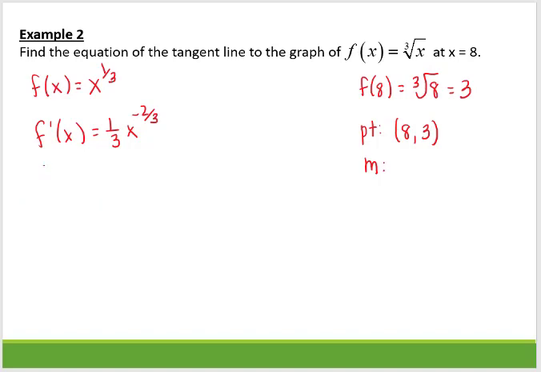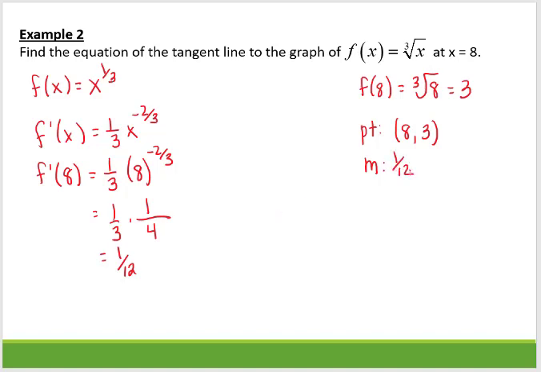So then, now, I find f prime of 8. Now simplifying this, remember it's going to be a fraction. Take the cube root of 8 first, which is 2, then square it to get 4. So that equals 1/12. Remember that that is standing for our slope.